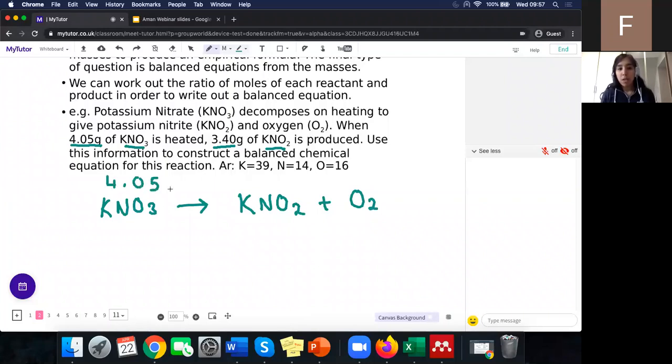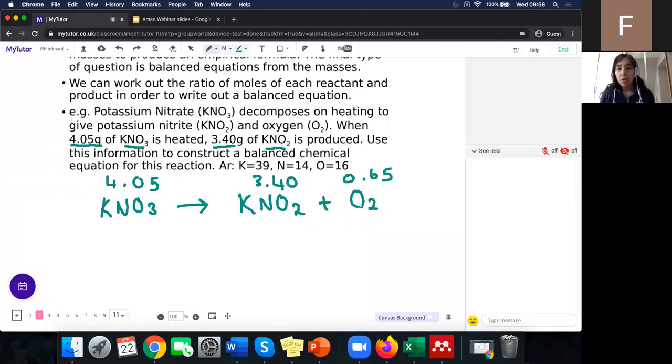Our potassium nitrite is 3.40. So our oxygen is 4.05 minus 3.4, because the mass of the reactant is always equal to the mass of the products. So 4.05 minus 3.4 is 0.65. That's our grams of oxygen.